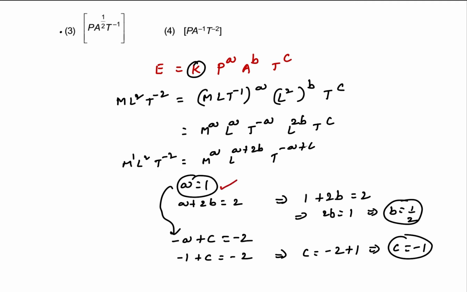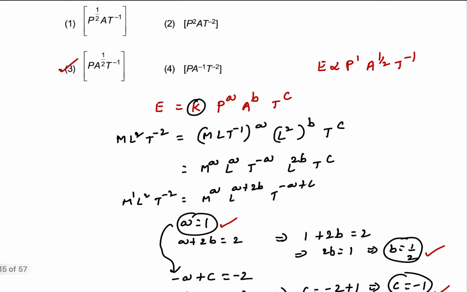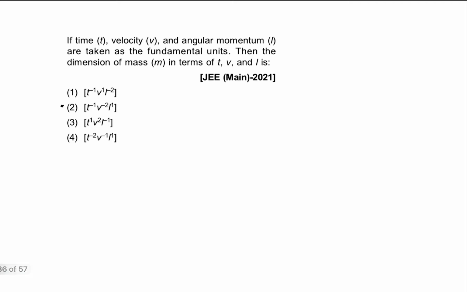You can get the c value is minus 1. So we can see a value is 1, b value is 1 by 2, c value is minus 1. If you substitute that, which option is actually satisfying that? P power 1, A power 1 by 2, T power minus 1. This is the third option, the correct option. Observe this carefully.